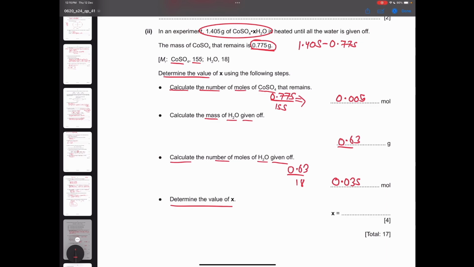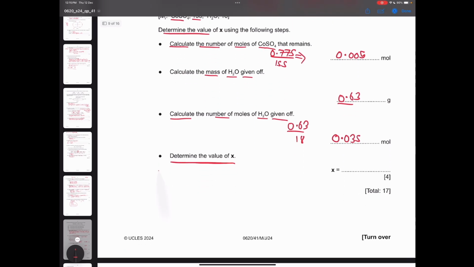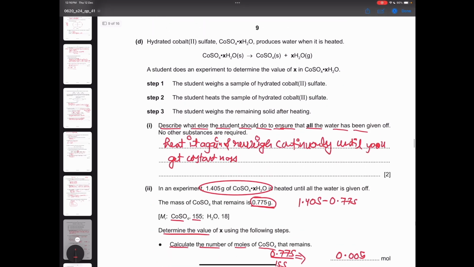Alright? Determine the value of X. Now, for this, let's write down moles of cobalt sulfate and moles of H2O. Moles of cobalt sulfate are 0.005. Moles of H2O are 0.035. Now, if you check the relation between them, look at the equation here.